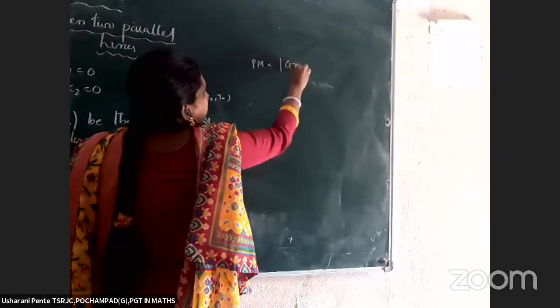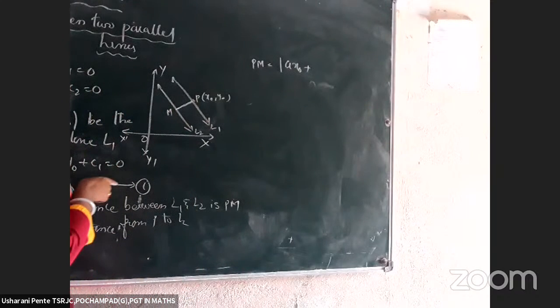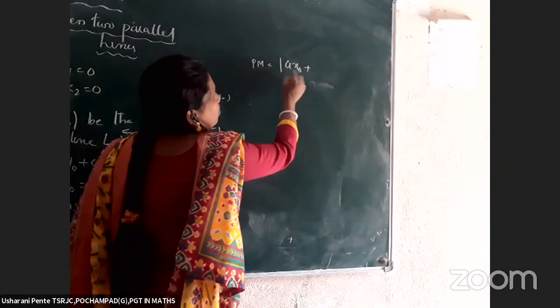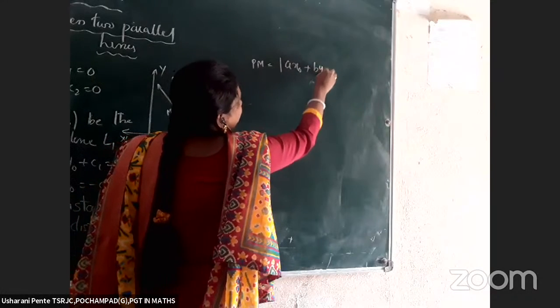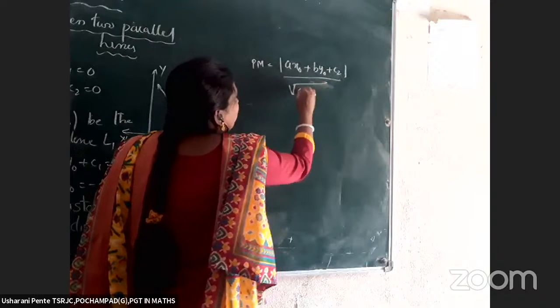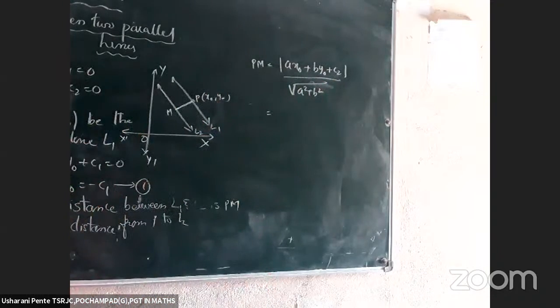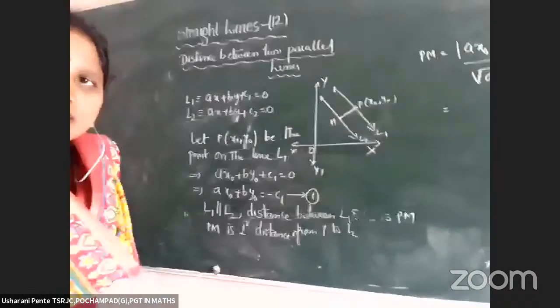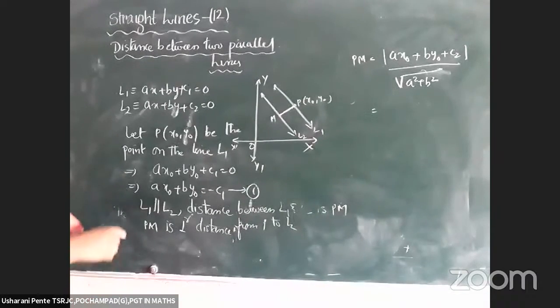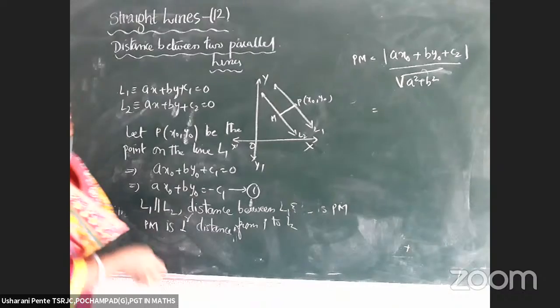mod of Ax naught plus By naught plus C2, since in the line L2 we need to substitute this point, by under root of A square plus B square. But from equation 1, we know that Ax naught plus By naught is equal to minus C1.